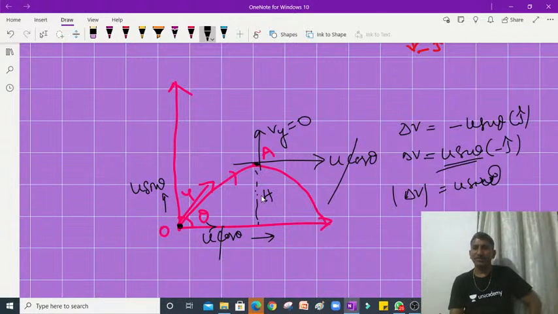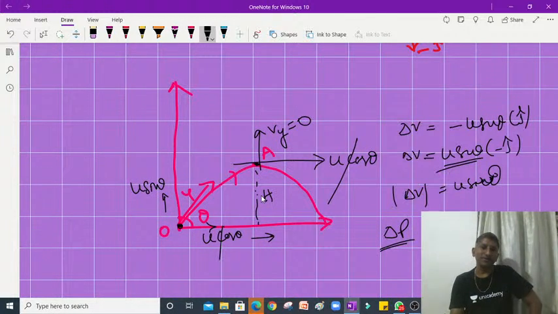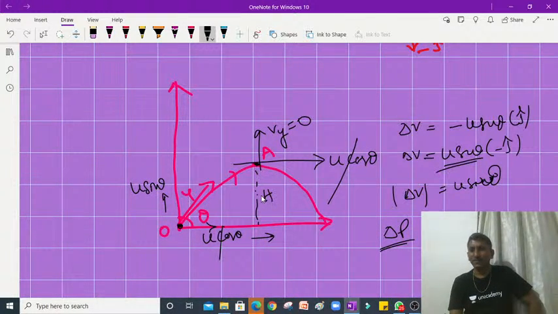And suppose students, if they ask for the change in momentum, what are you going to do? Momentum is nothing but mass times velocity. You already know the change in velocity, so you just multiply with mass.